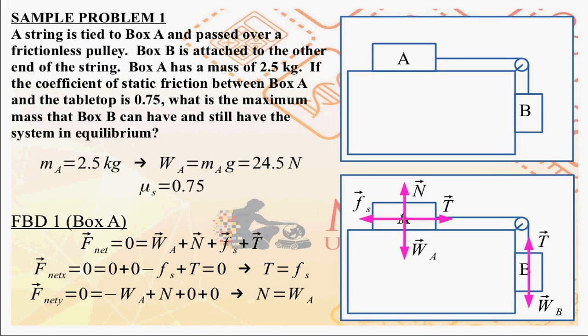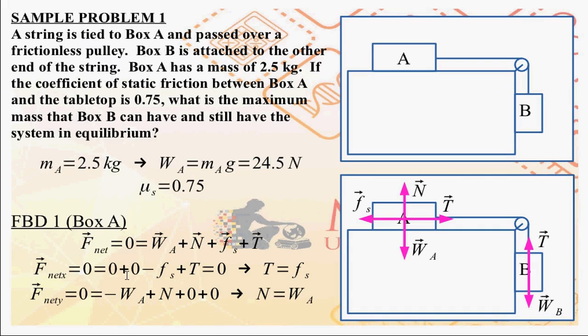Tension is horizontal, all of it is in the x component and it is heading in the positive direction, so plus T. The x component tells us, and it should be equal to 0, that the magnitude of tension is just equal to the magnitude of the static friction.